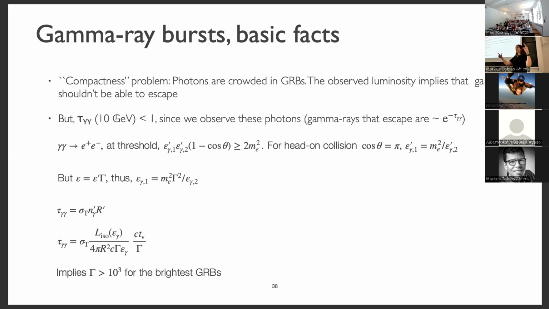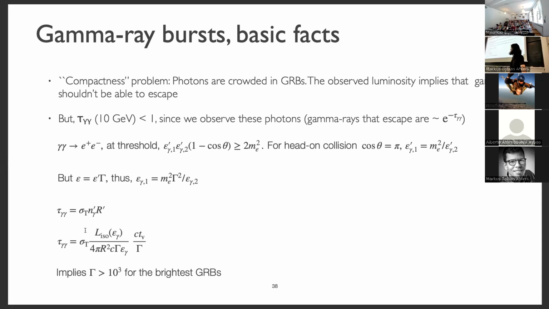So we can figure out how much this matter from the explosion can travel in a certain amount of time. That gives us the size, and we measure a luminosity. This is our observation. So putting together these two, we can work out the number density of photons in that region where the GRB happens, and that is so high that the gamma rays should not be able to escape.